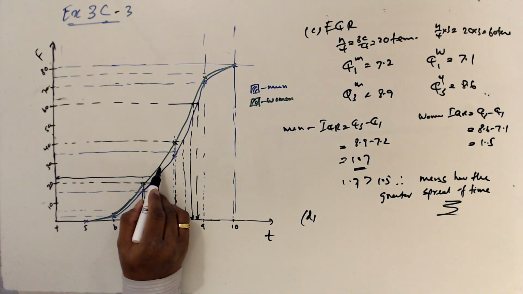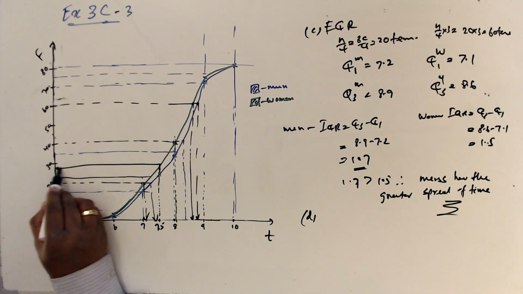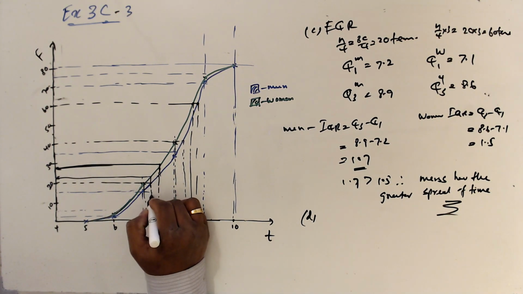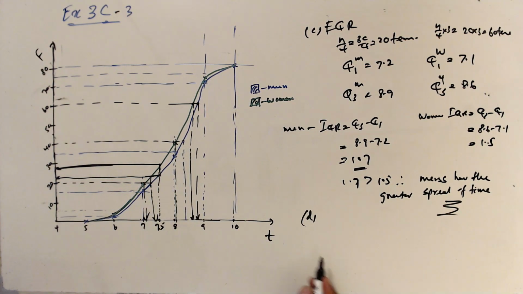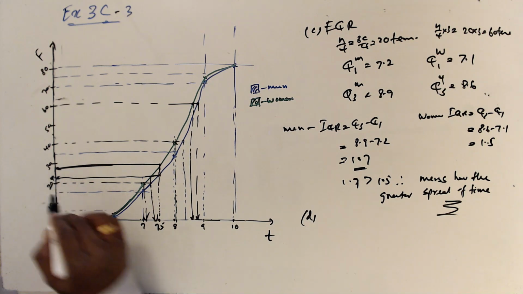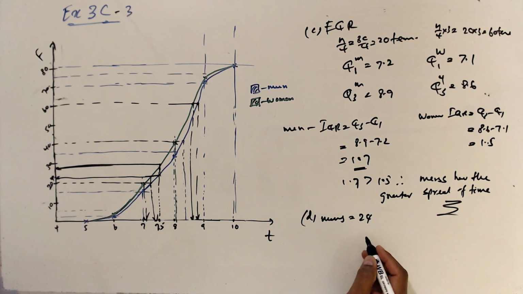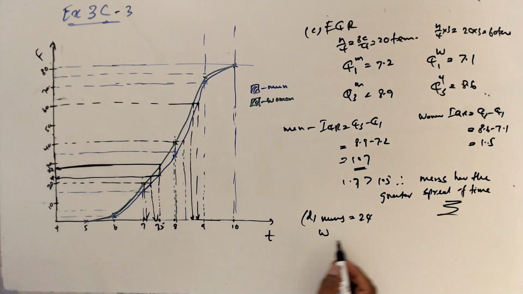So the other one is going from here. So men around 24, and women around 28.